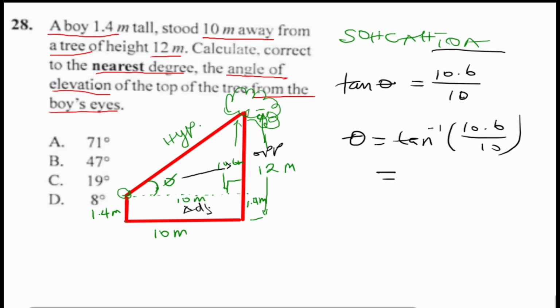And working that with our calculator, we are going to get 46.67 degrees. Remember, the question said to the nearest degree. So we have used all the information we've underlined here. To the nearest degree will be approximately 47 degrees. And that is option B.